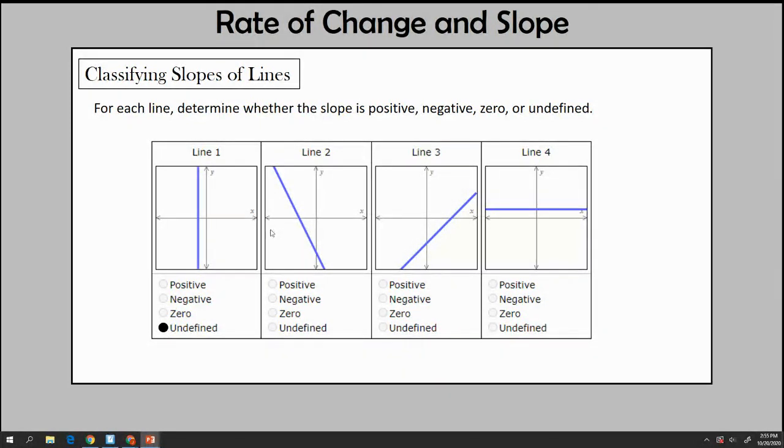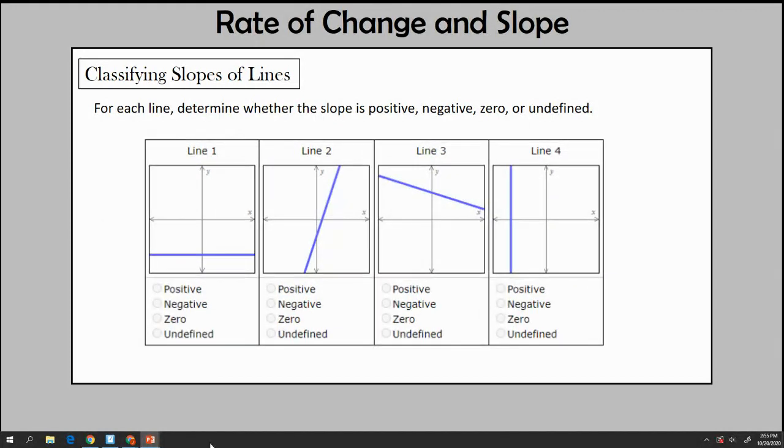The second one, as you move left to right, this line is going down. That's a negative slope. And number three, as you move left to right, your line's going upwards. So I know that is a positive slope. And in number four, that's a horizontal line. It has a zero slope, right? It doesn't slope up. It doesn't slope down. It is straight across. It's a zero slope.